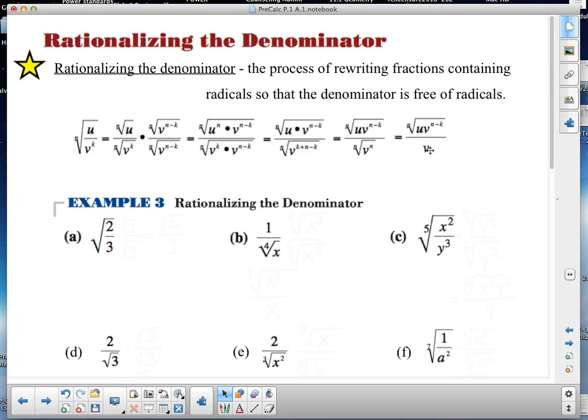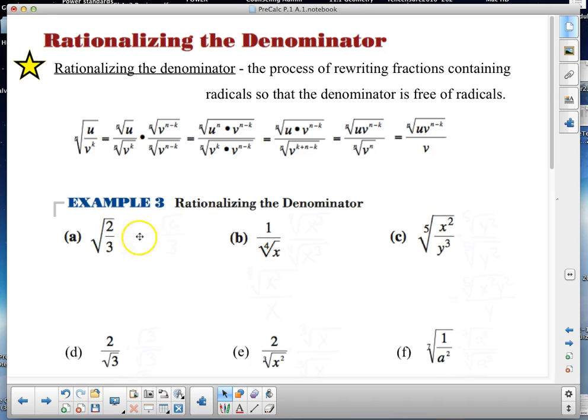So I have to be conscious of what indices I'm using and how many powers the radicand is raised to, so I can meet the requirements for it to come out from underneath the radical.